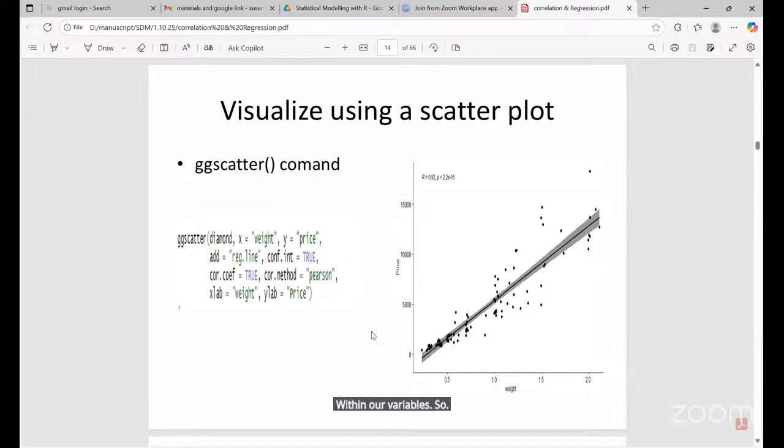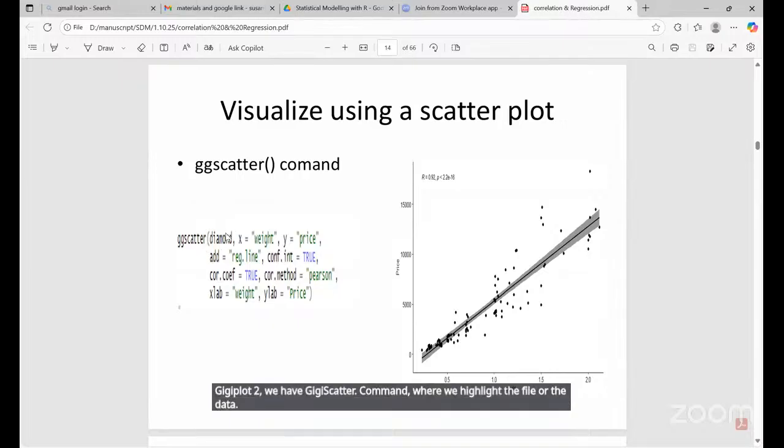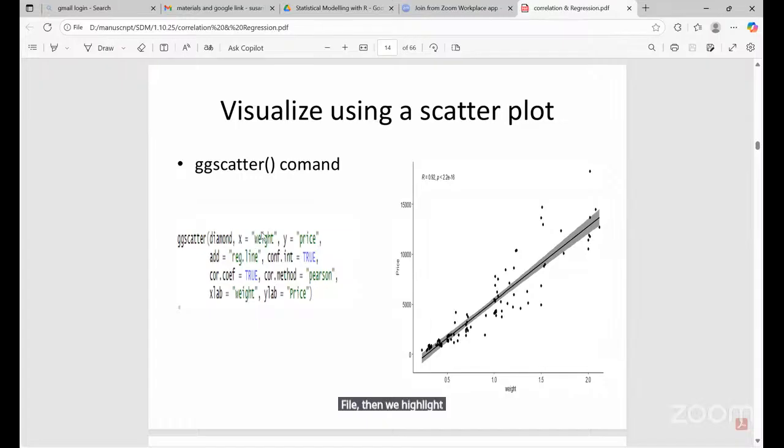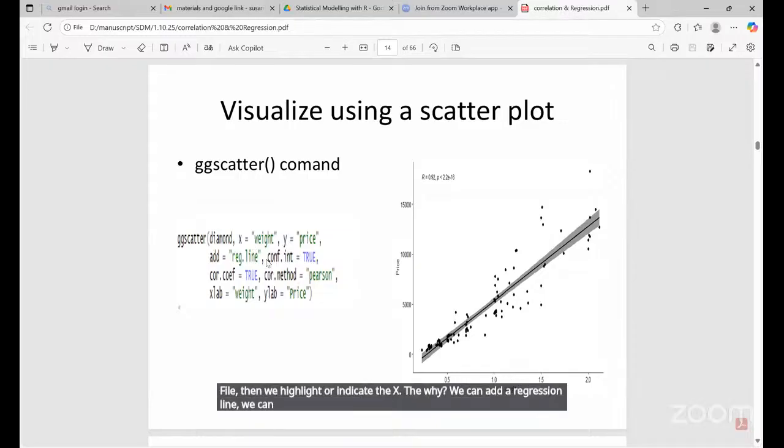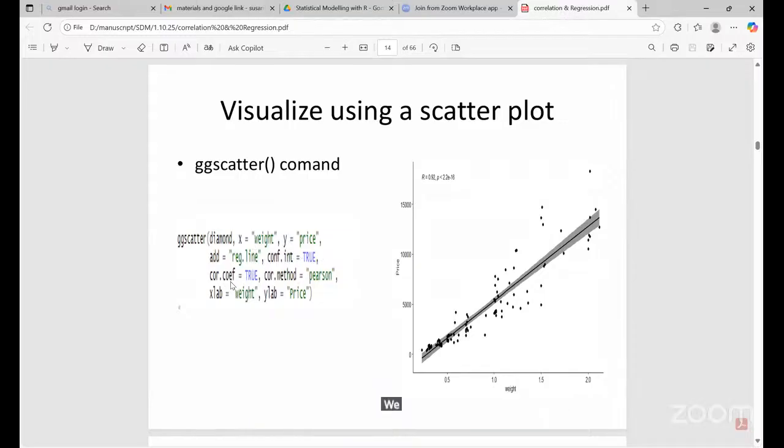So we can use the package called ggplot2, and under that we have the ggscatter command, where we indicate the data file, then the X and the Y. We can add a regression line, a confidence interval, and a correlation coefficient. We specify the method and then name the X and the Y axis.